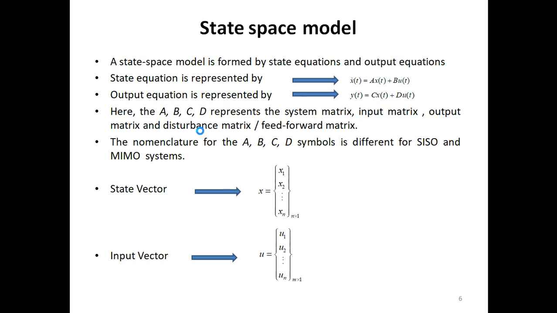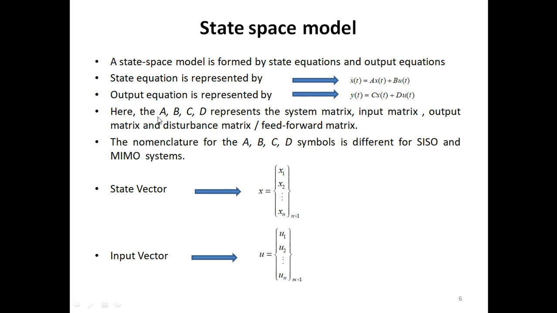If we define the state space model, it includes two equations, that is state equation and output equation. The state equation is x dot equal to Ax plus Bu. The output equation is represented by y equal to Cx plus Du.